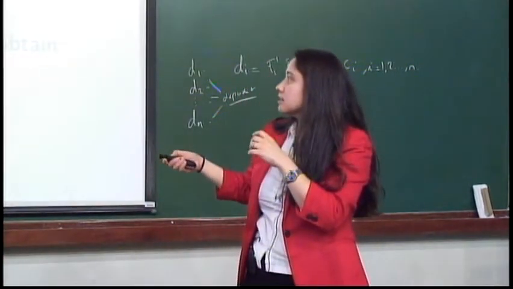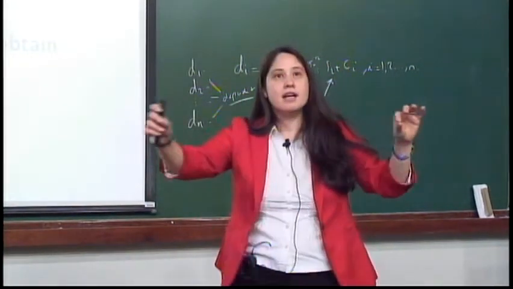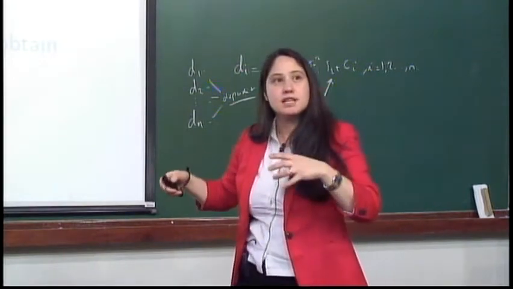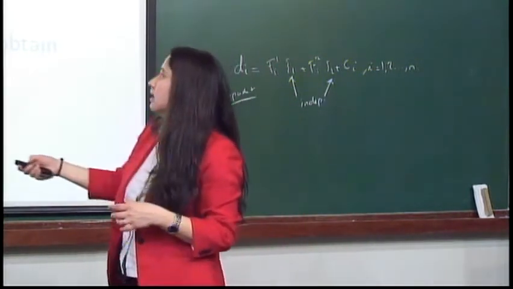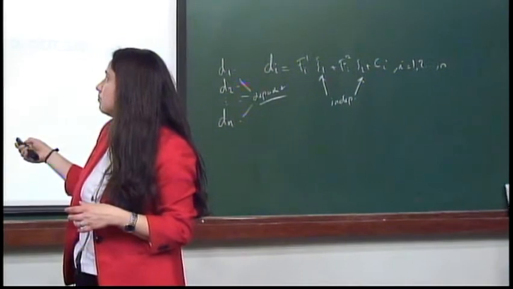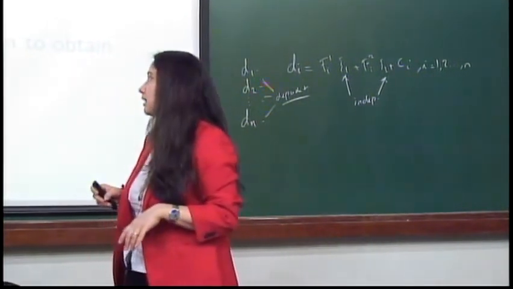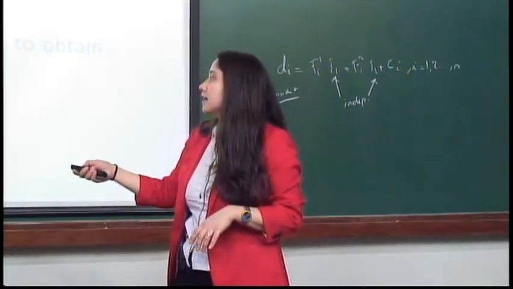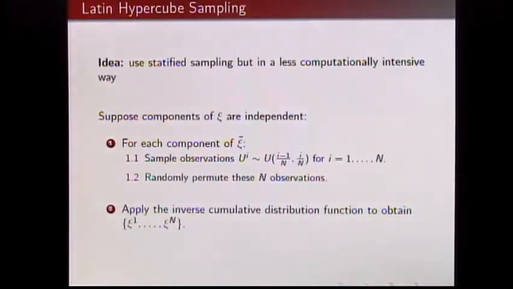And once I do that, I'm going to have n of these. I'm going to have n factorial permutations. Let's have them equally likely. Then I'm going to randomly permute them to get my Latin hypercube sample. And then, again, I can use the inverse cumulative distribution to get my X's. All right?